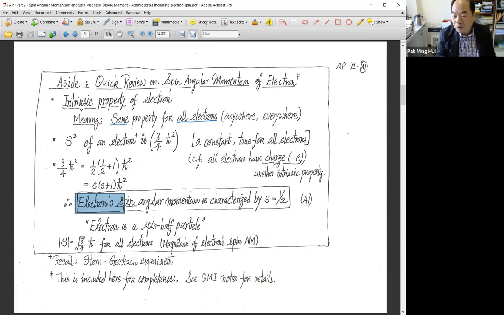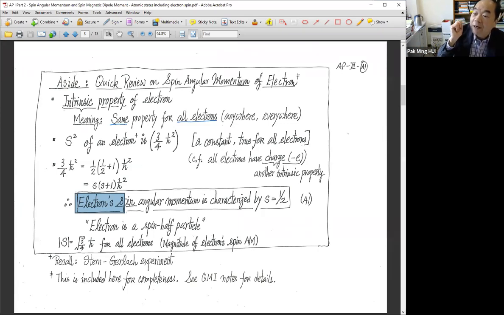The half comes from the fact that when you fly the hydrogen atom through, only 2 beams come up, and the deflection is of equal amount, higher and lower, okay? That is interpreted into 2 values for the Z component of the magnetic dipole moment of spin.